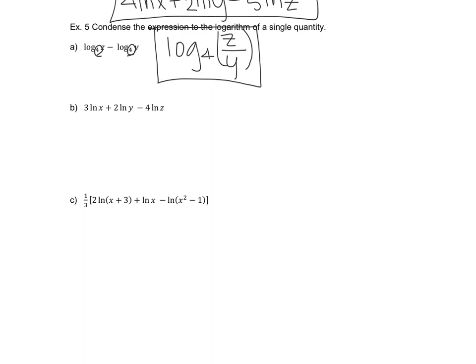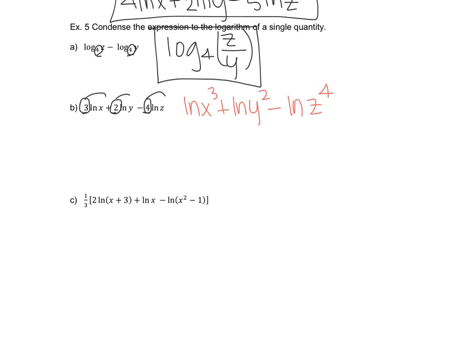So let's take a look at part B. First thing, think backwards. The last step was I dropped all my exponents down. So now I'm going to move them all back up to be exponents. So first off, I'm going to start by writing ln of x to the third plus ln of y squared minus ln of z to the fourth. So put your exponents back up where they belong.